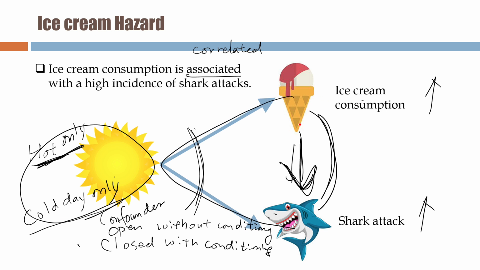Even though ice cream does not cause shark attacks, using the back door we can still see the correlation. That's what I mean by open. Closing the path means that without the real cause, you cannot take another path. Ice cream can have a relationship with shark attacks without a direct cause, so we can take out the confounding effect.